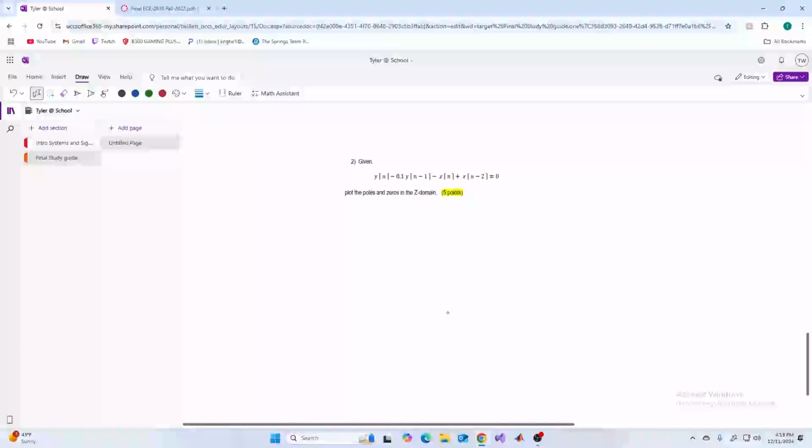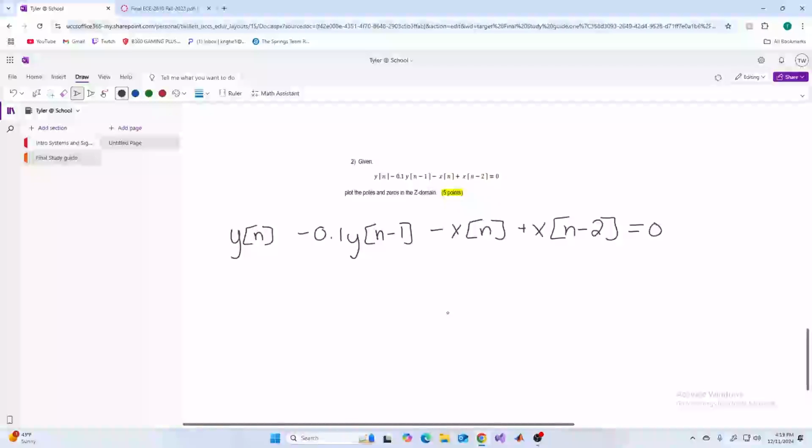So the first thing I'm going to do is write my equation out: y[n] minus 0.1 y[n minus 1] minus x[n] plus x[n minus 2] equals 0. The first thing we need to realize is H(z) is equal to Y(z) all over X(z). So that will come in a row later.